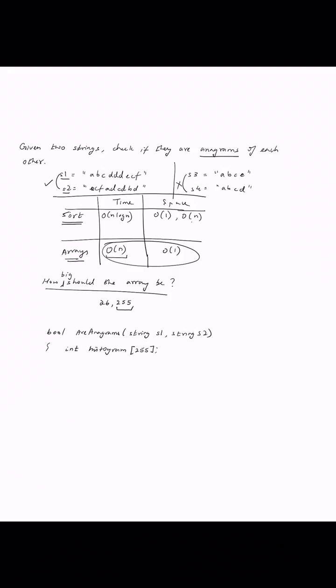I'm also going to set two variables. I might just need one variable, but let's do two for now. The charCount1, which is s1.length, and int charCount2, which is s2.length.